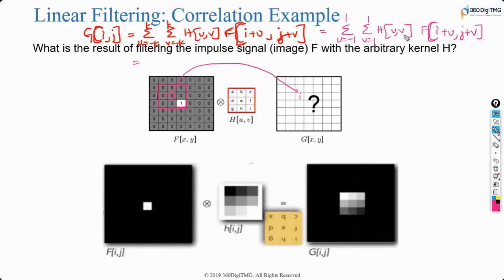If I take u as minus 1 and v as minus 1, what would happen? It will become h of minus 1 comma minus 1, and into f of i minus 1 comma j minus 1.